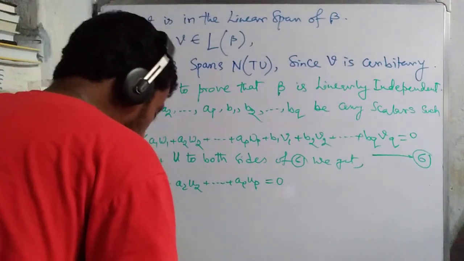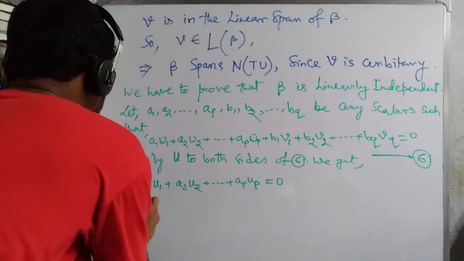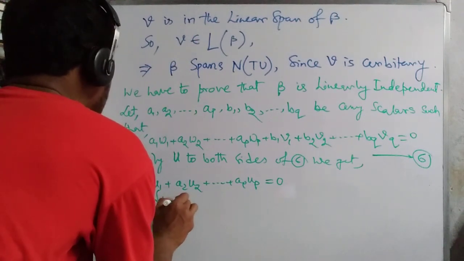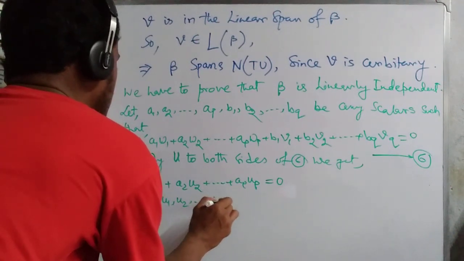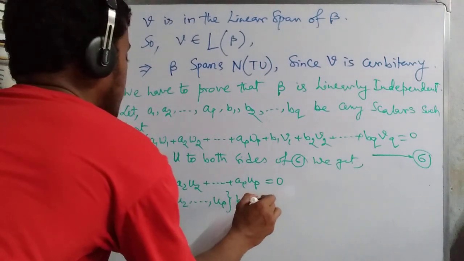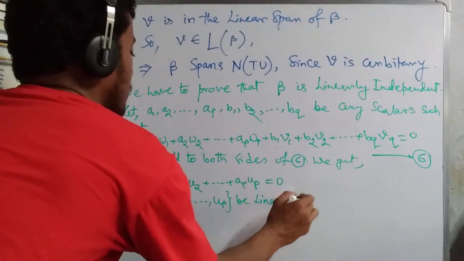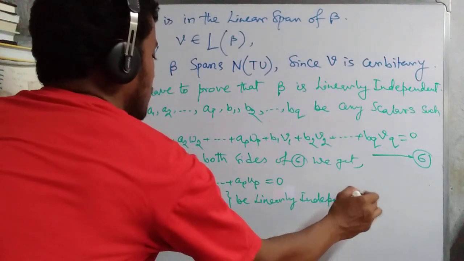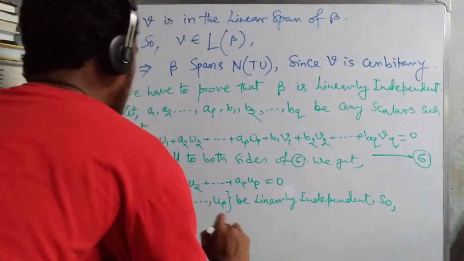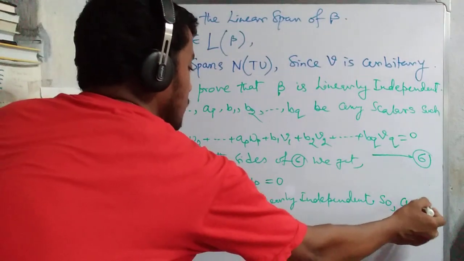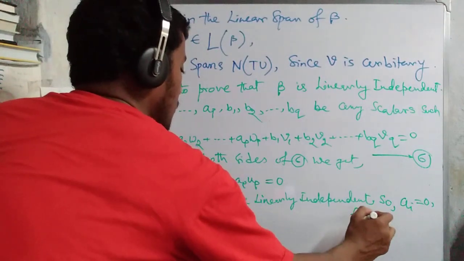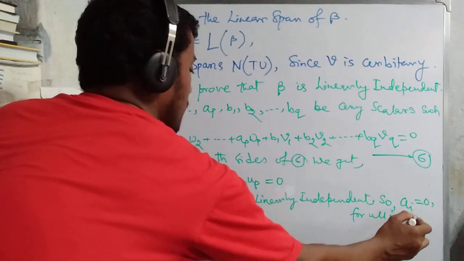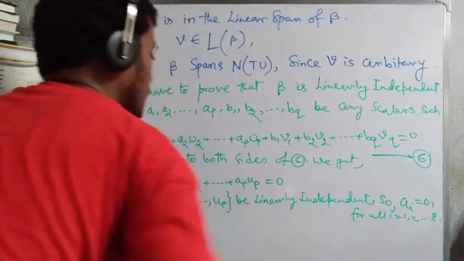Now since u1, u2, ..., up are linearly independent, the ai's are 0 for all i equal to 1, 2, ..., p.